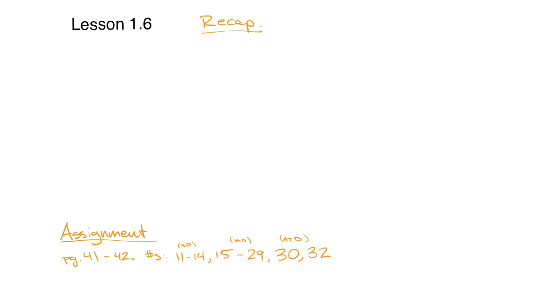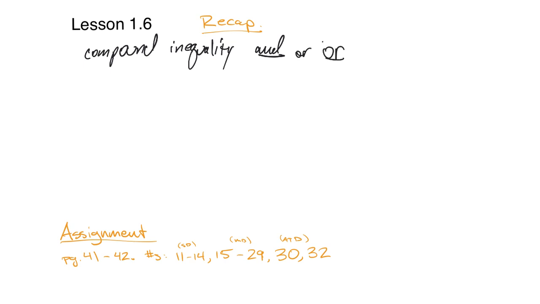Recap. A compound inequality uses the word and, or it uses the word or. To show or, my ranges fall outside a certain area. And means my ranges fall inside a certain set or range.